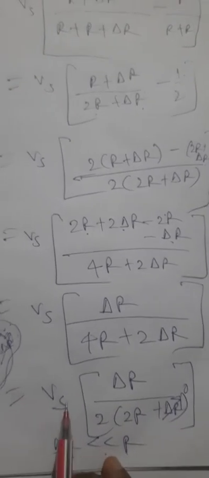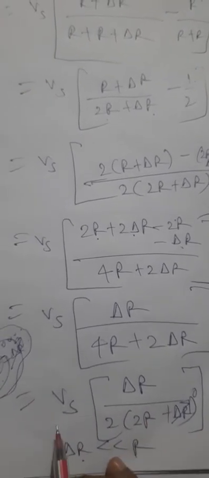When we neglect this delta R value, the new equation is dV0 equal to V supply into delta R divided by 4R. So what is delta R by R? The gauge factor is delta R divided by R divided by the strain.